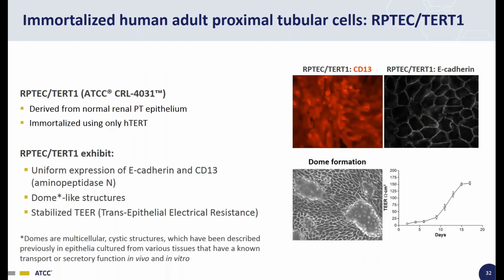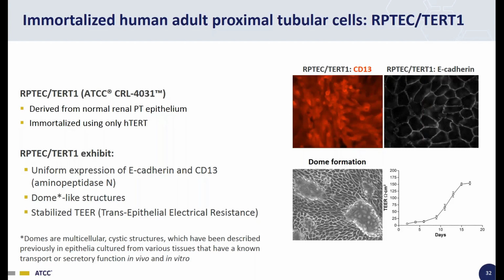So let's first look at the parent line, upon which our models are based: the immortalized human adult proximal tubular cells. This cell line is derived from a normal renal proximal tubular epithelium and immortalized by hTERT only.